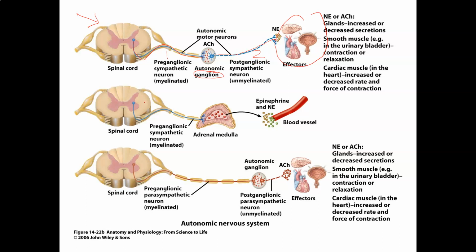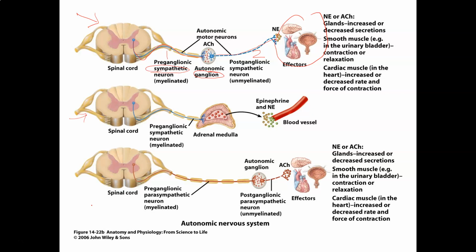Okay, so there is an exception in the middle here that we'll get to in a moment, but for now let's focus on the fact that in most cases it takes two autonomic motor neurons to get to the target. Okay, and notice that they're also labeling this sympathetic.